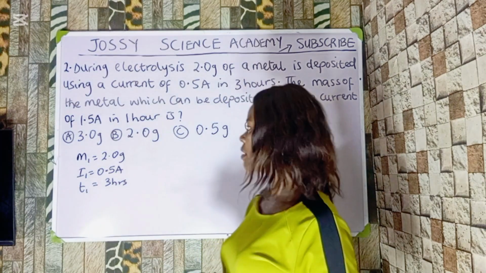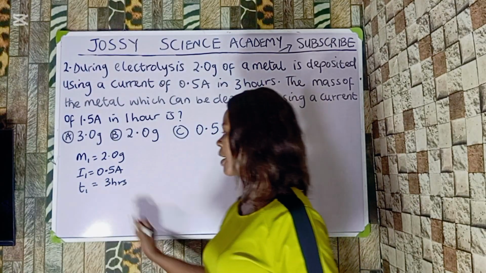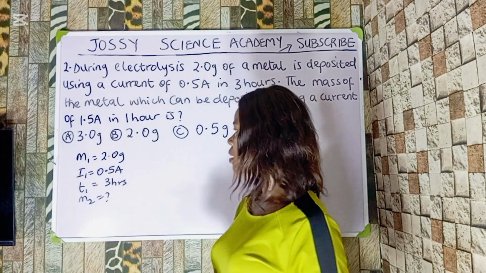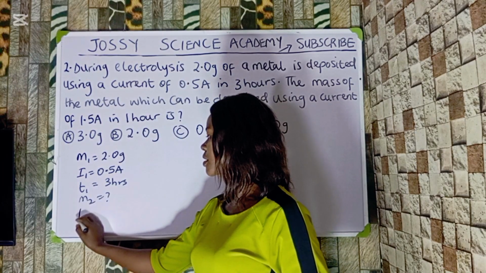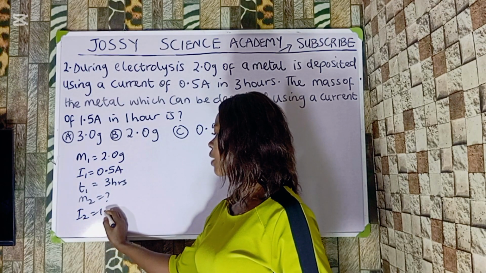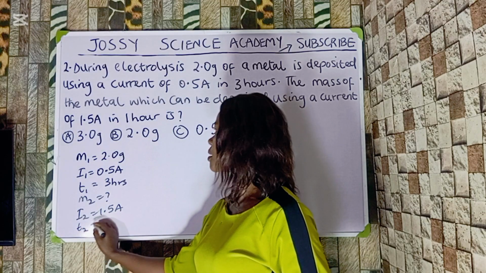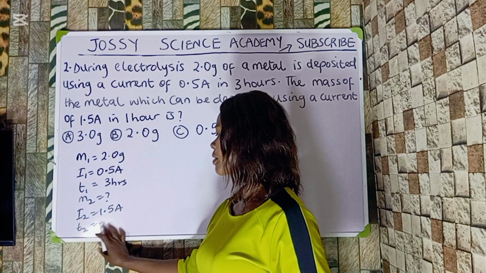Is that clear? We are asked to find the second mass, M2. The second current is 1.5 amperes and the time is 1 hour.